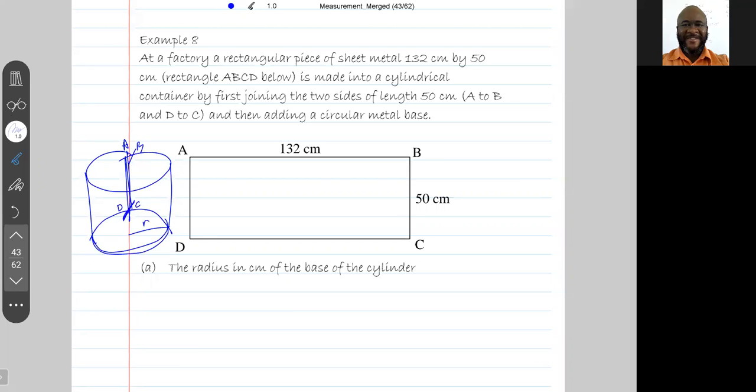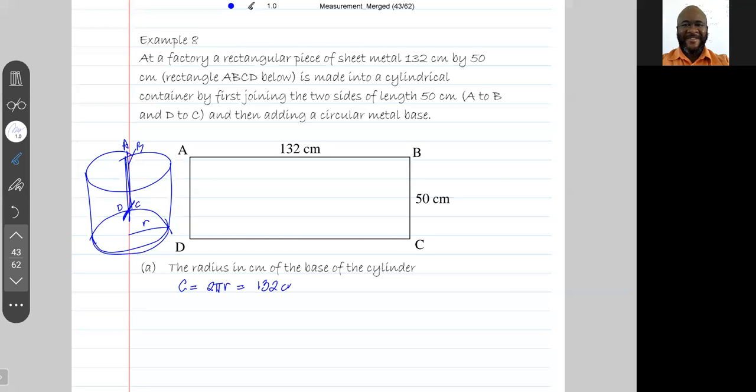Now, in order to do this, you have to first realize that AB, which is the length of the rectangle, became the circumference of the cylinder. And so the circumference of the cylinder, which is 2 pi r, is equal to 132 centimeters.